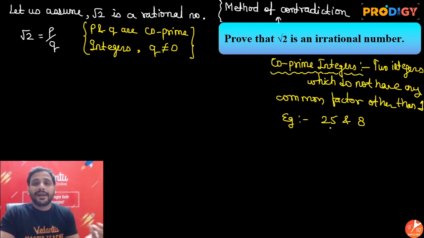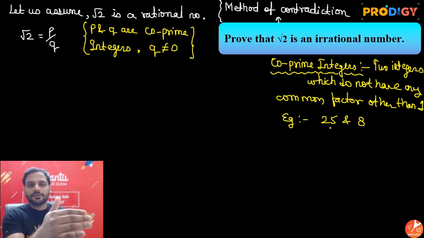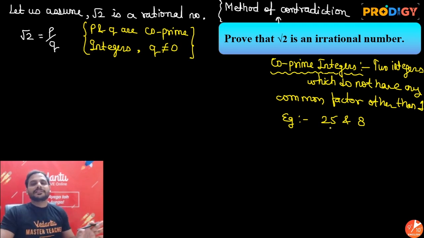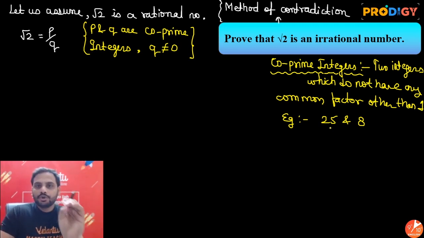Instead, 24 and 6 are not co-prime, because both can be divided by 2, by 3, and by 6. So p and q are co-prime integers, meaning they do not have any common factor other than 1. Please remember this.